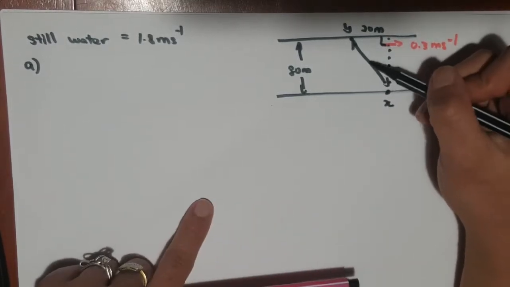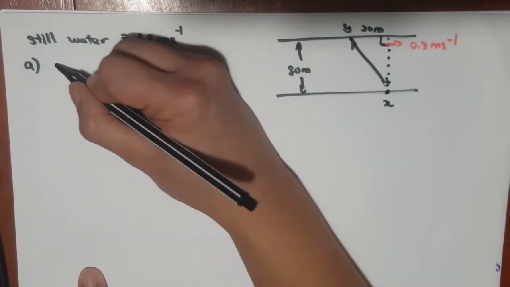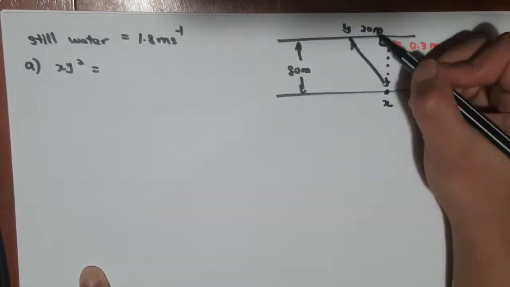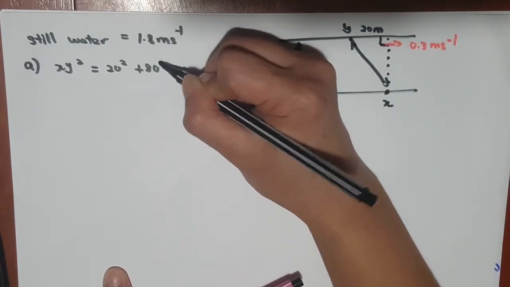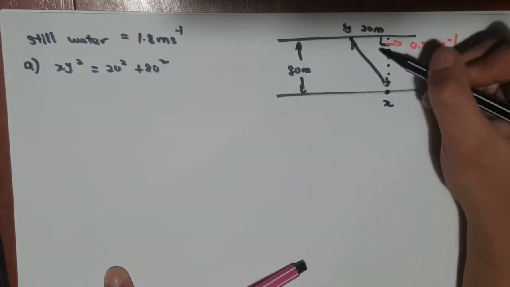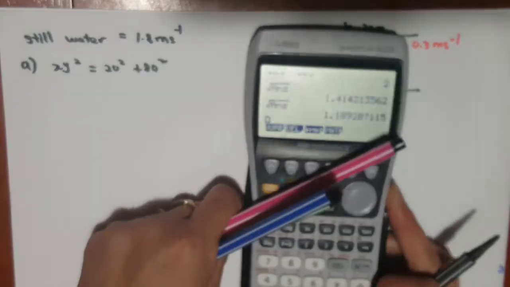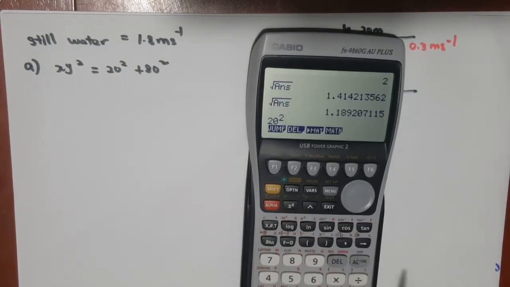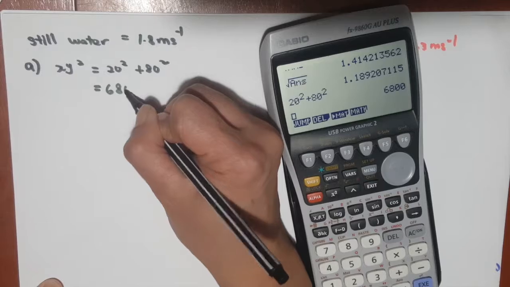So the first question, in order to find the distance XY, we need to consider this right angle triangle over here. We need to find the hypotenuse, which is XY squared, equivalent to 20 squared plus 80 squared, because these are the two sides. So this side is 80. To get the value of XY squared, we have 20 squared plus 80 squared, which is equivalent to 6,800.